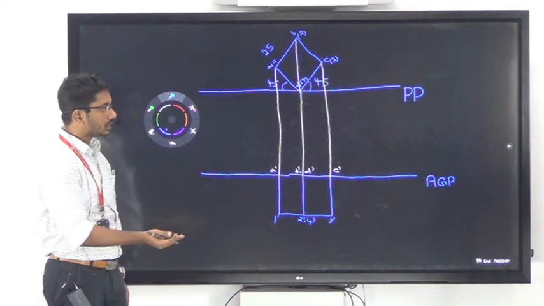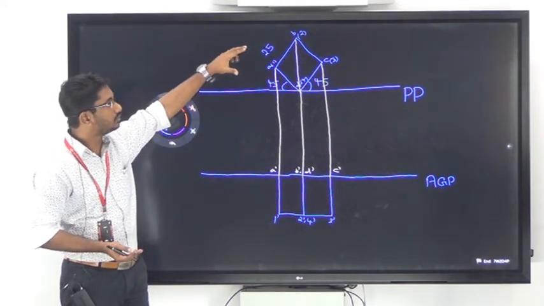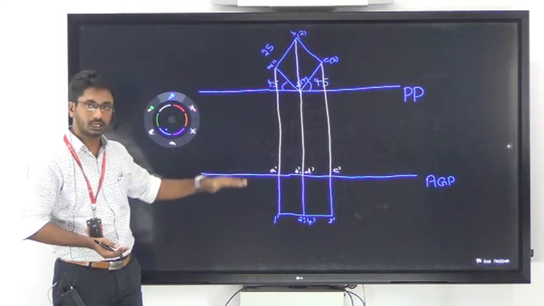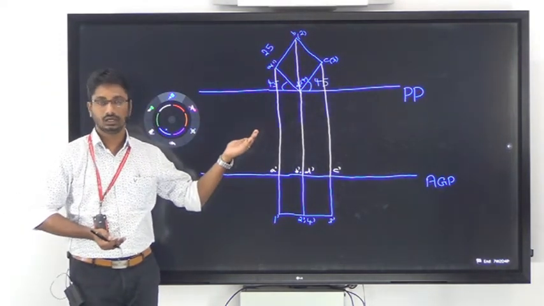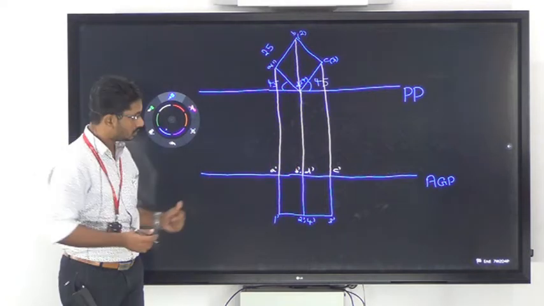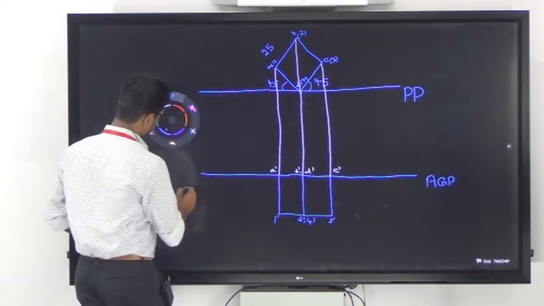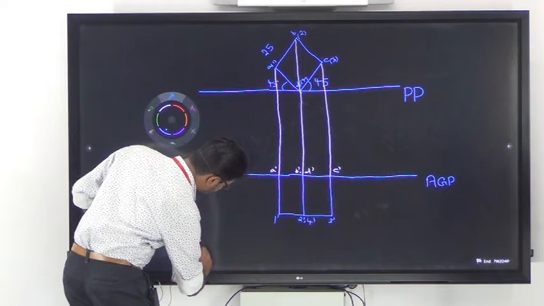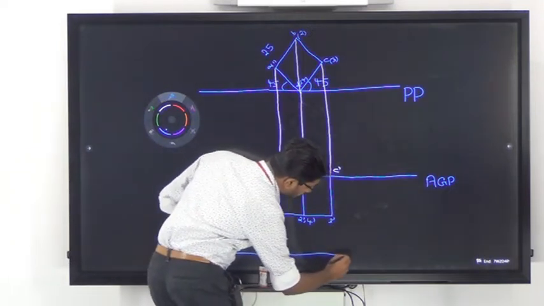Okay, now we can mark the horizon line. The horizon plane is 45 mm below the auxiliary ground plane. So you can draw the front view of the horizon plane, which is at a distance of 45 mm below the auxiliary ground plane.